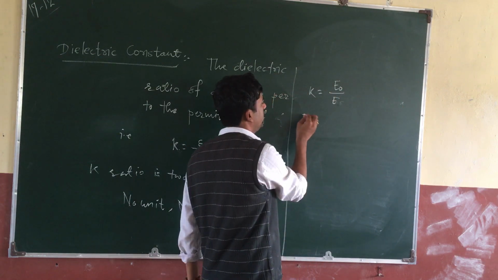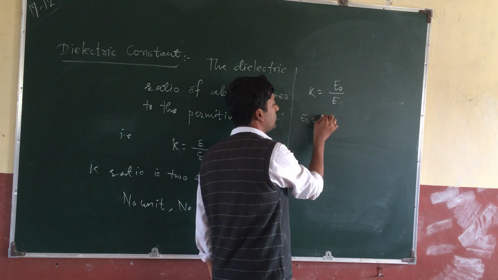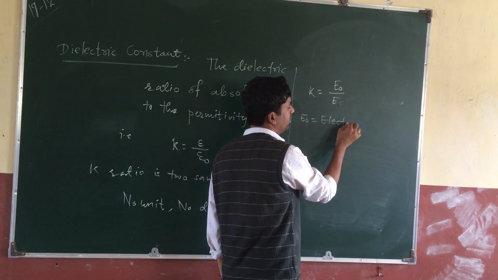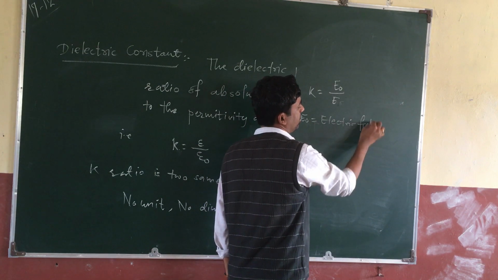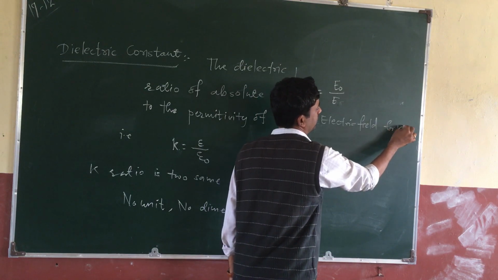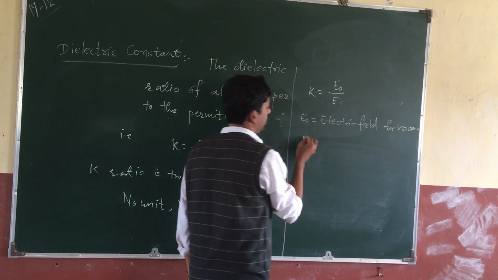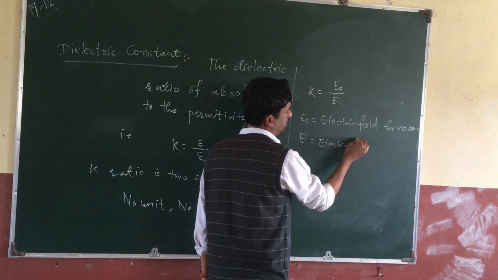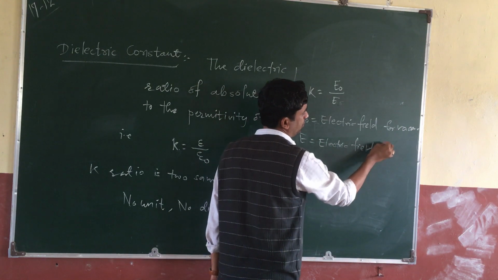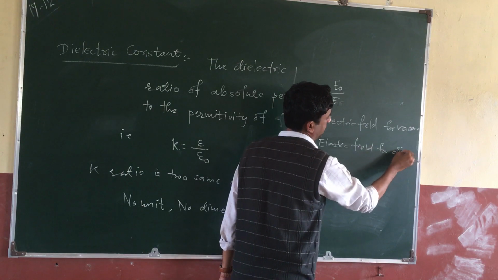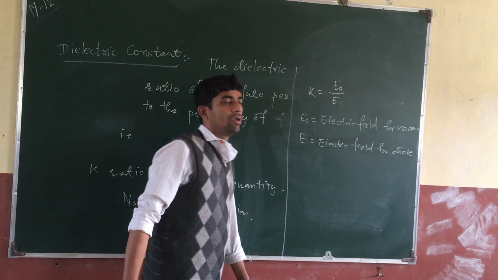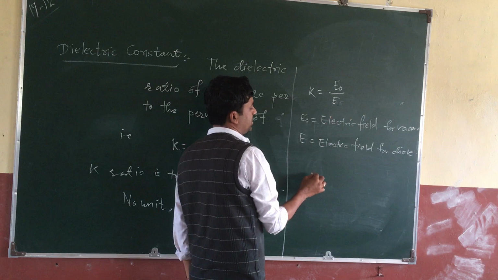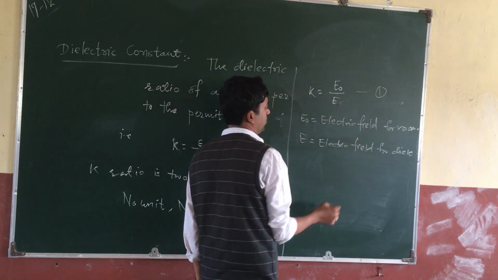What is E naught here? E naught is the net electric field, or electric field for vacuum, and E is the electric field for dielectric. So suppose this is equation number 1.